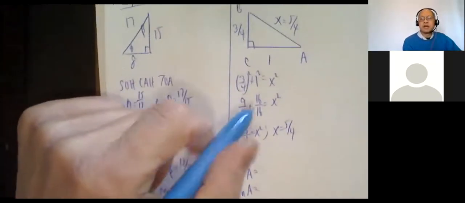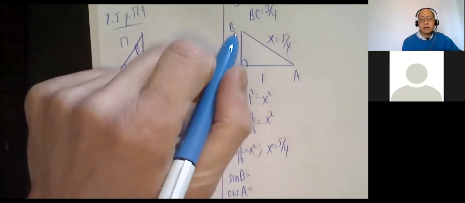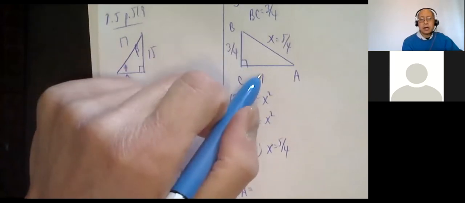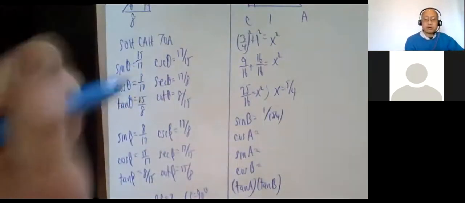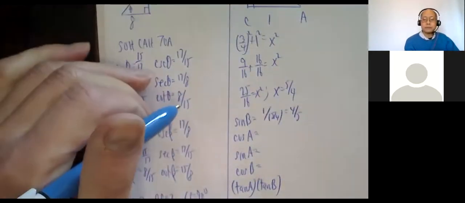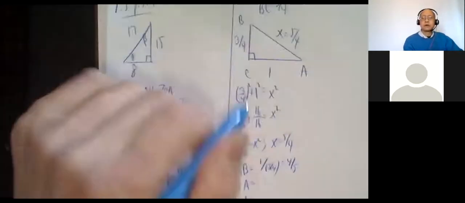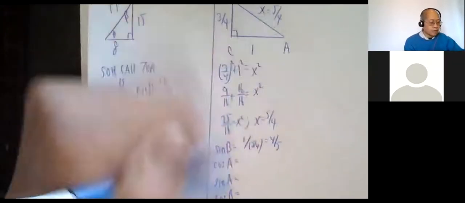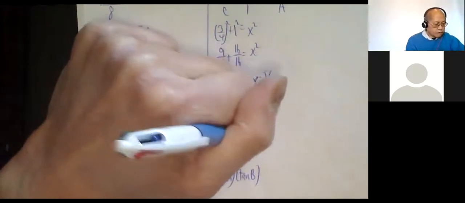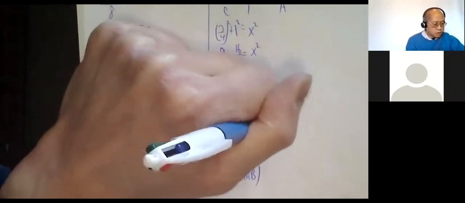Okay, sine of B. Opposite over hypotenuse. 1 divided by 5/4 is 4/5. Cosine of A, adjacent over hypotenuse. 1 divided by 5/4.